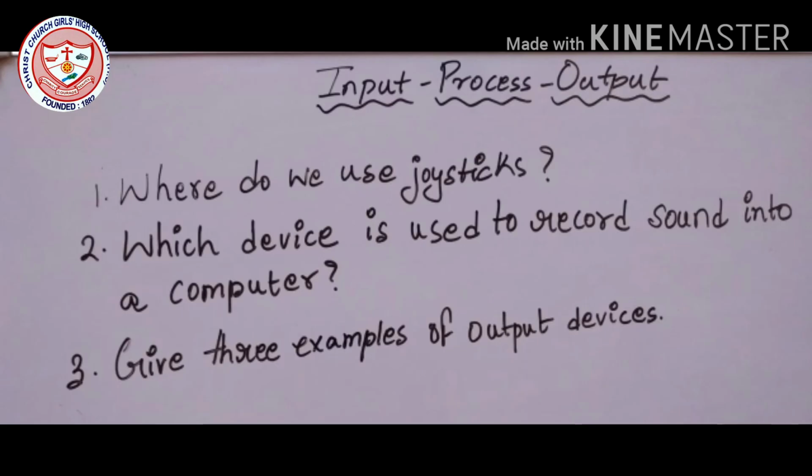Now do these questions and answers on your own. Number 1. Where do we use joysticks? Number 2. Which device is used to record sound into a computer? Number 3. Give 3 examples of output devices.